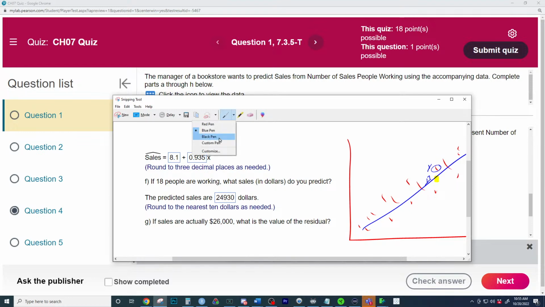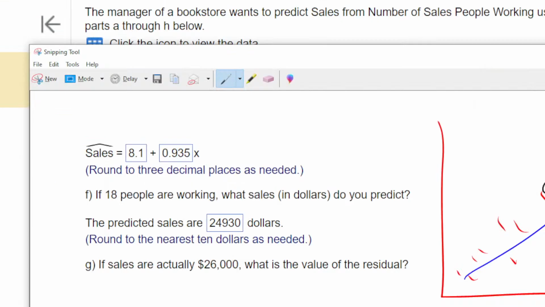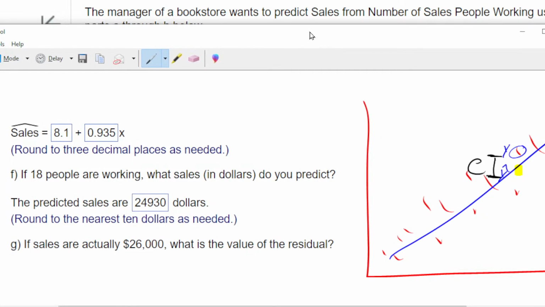So what are we going to find right here? I'll zoom in a little bit. Can I get it all on the screen? Nice. There we go. So we have the predicted amount, which is Y hat. We have the actual, which is Y.